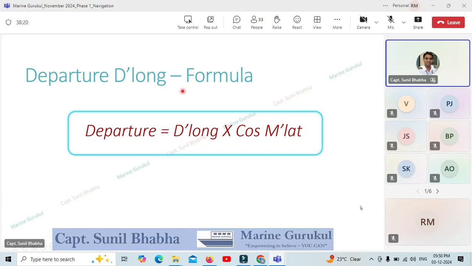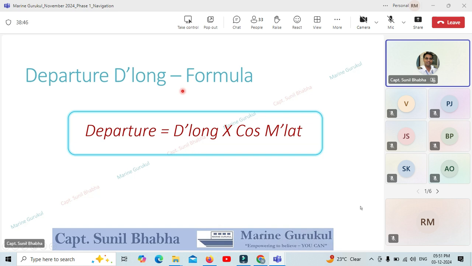So whenever we have to show an east-west distance on our plot, we have to show that distance as departure, not as D-long, because in our plotting we do not use the longitude scale at all.